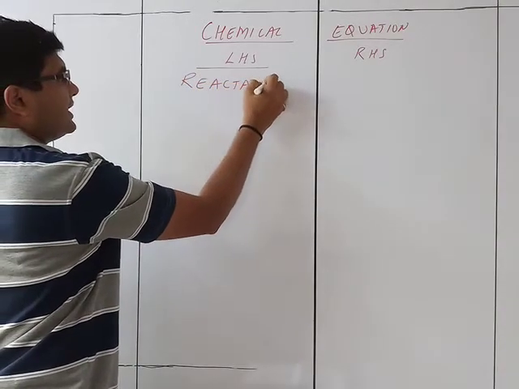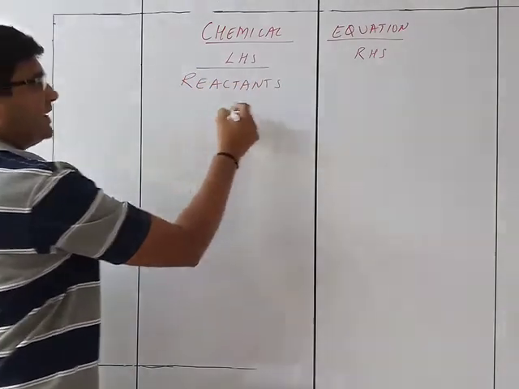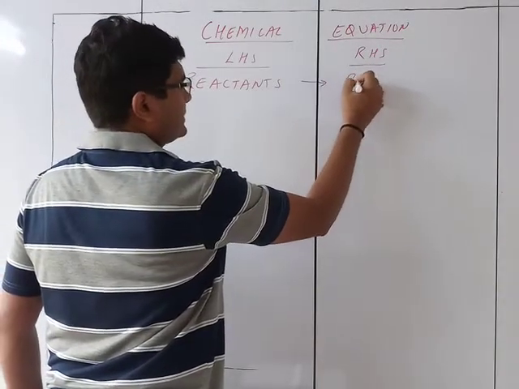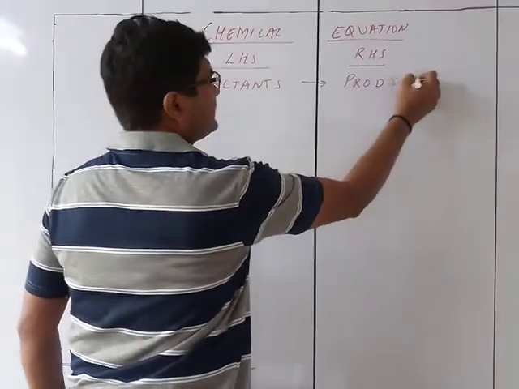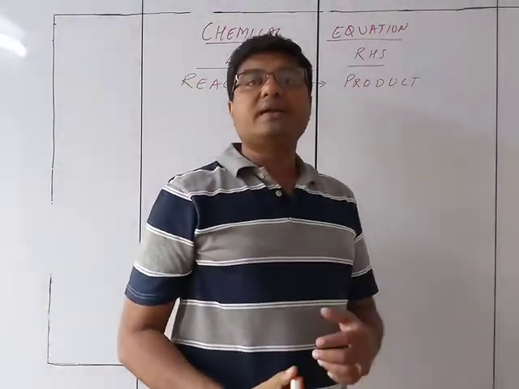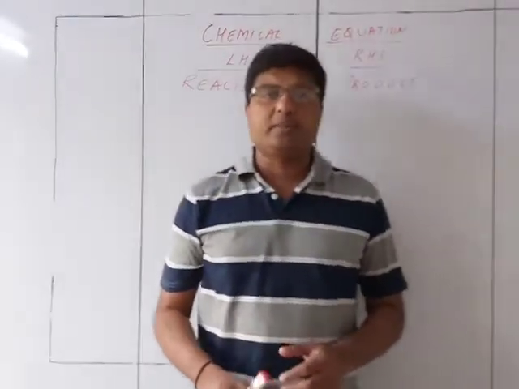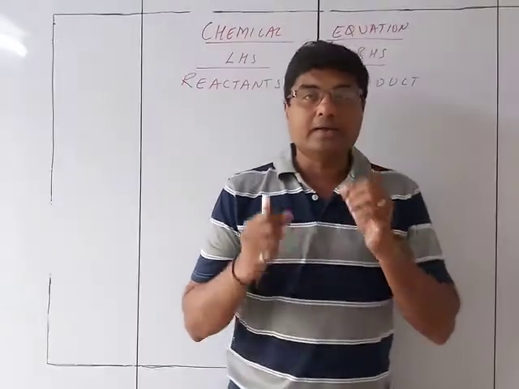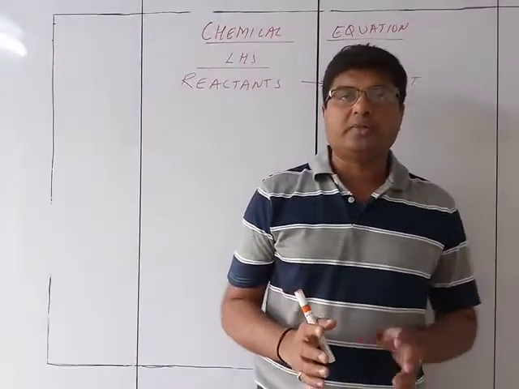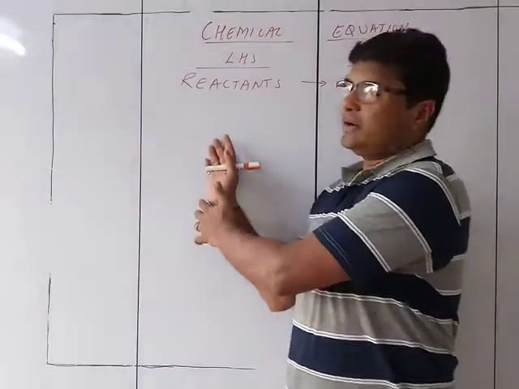Reactants are on the left hand side, and they are going to form what are called products. So whatever is written on the left hand side of the chemical equation are the reactants of that particular chemical equation. Whatever different compounds or elements are used in the chemical equation are written in the reacting form.